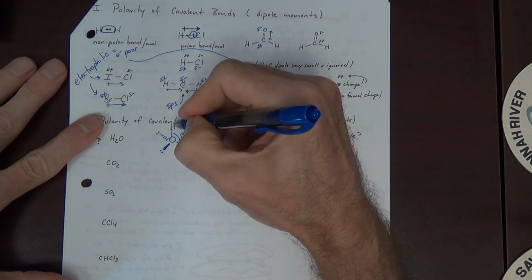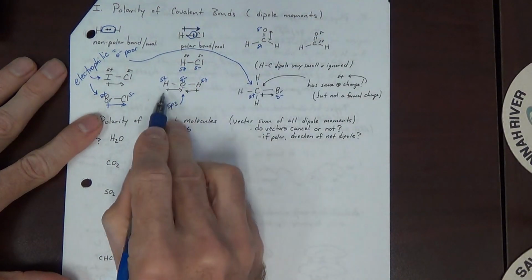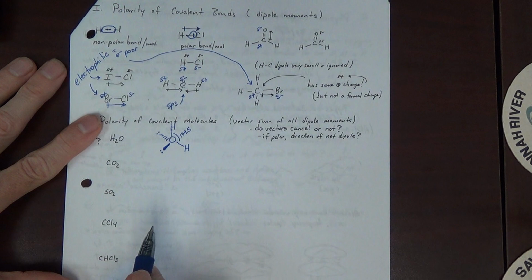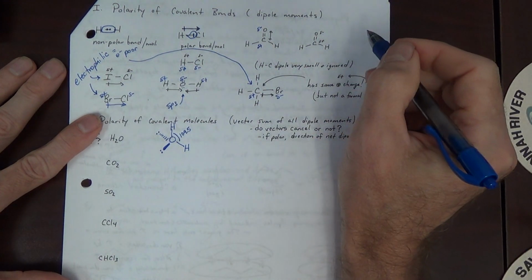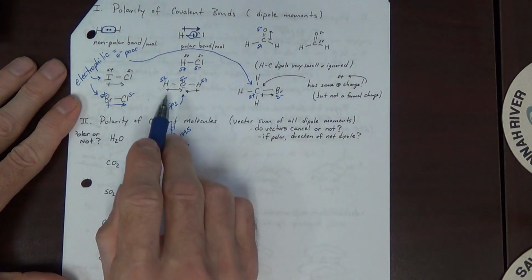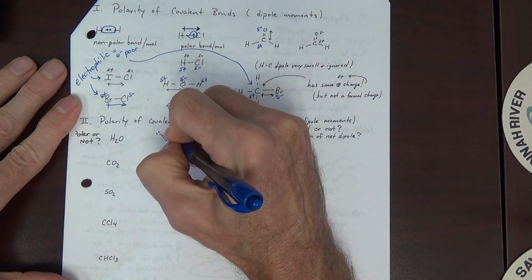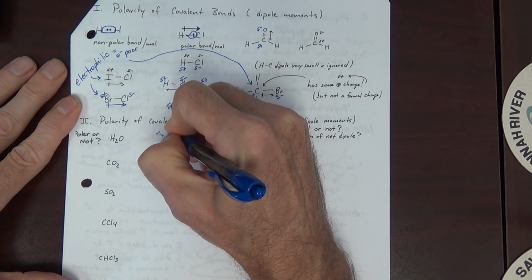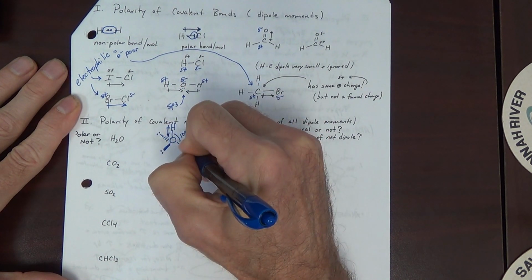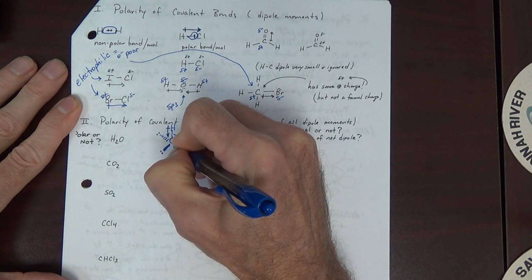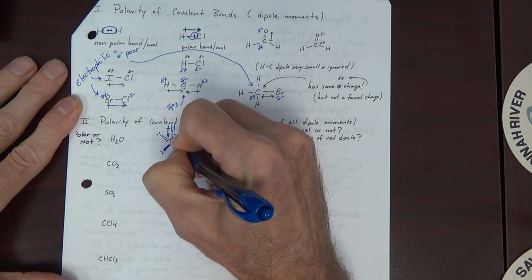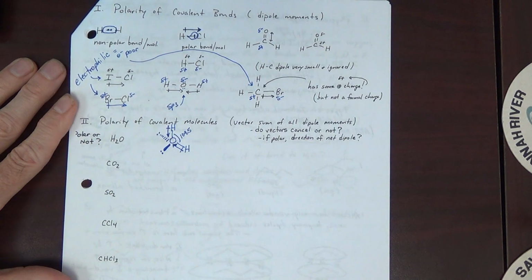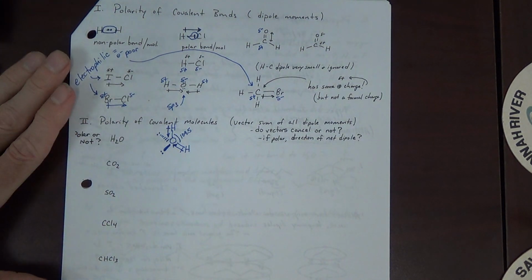But we see that the HOH is not linear as drawn above. Because of that, the individual dipoles do not cancel each other.